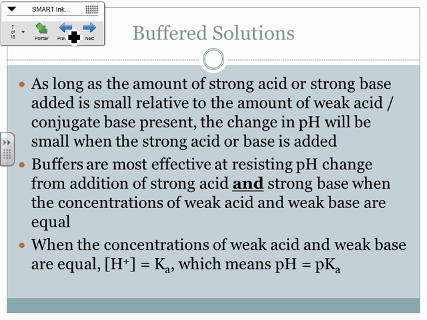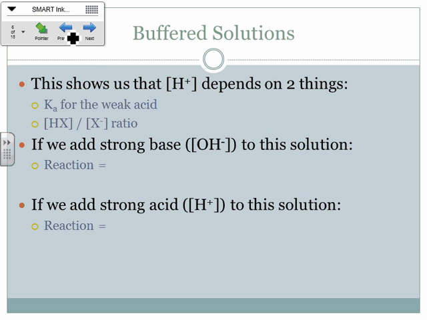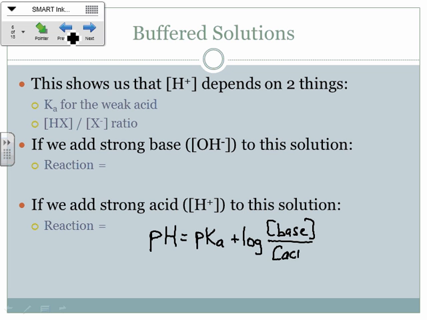It's going to be pH equals pKa plus the log of the base concentration over the acid concentration. You see that equation on there? Is that how they write it, base over acid?